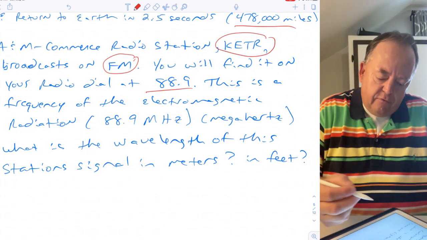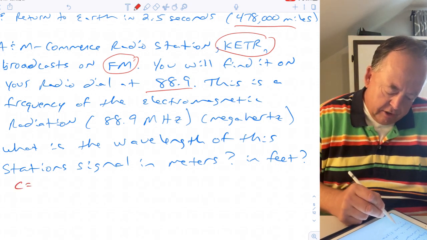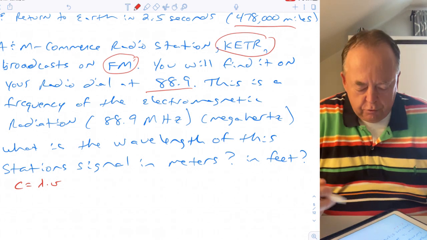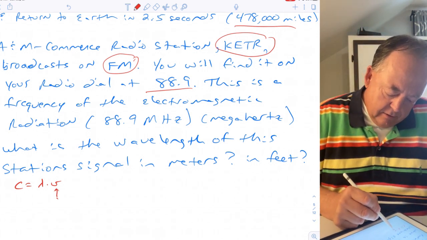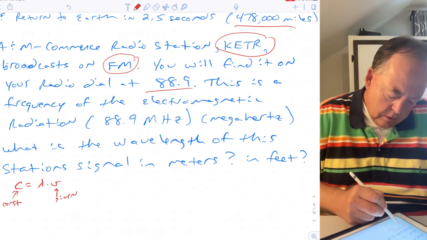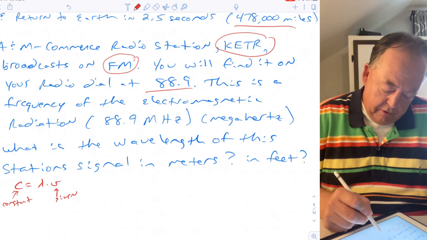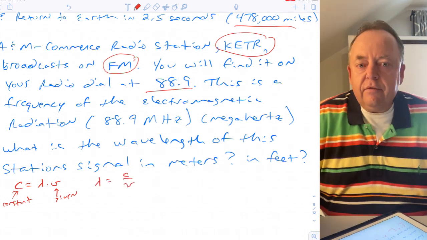So we have frequency. If you have frequency and you want to go to wavelength, then you need this equation, which relates frequency and wavelength. So this is given, and this is a constant. So you can solve for wavelength. Wavelength is simply going to be the speed of light divided by the frequency.